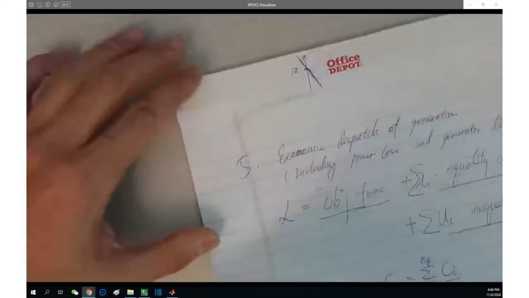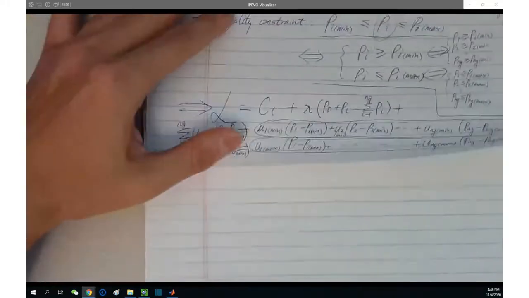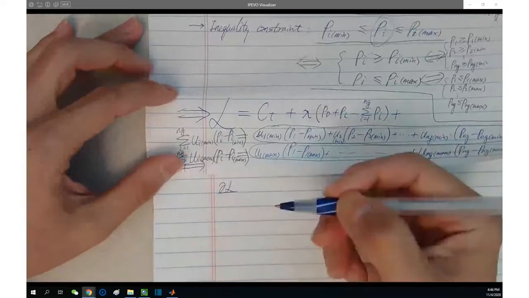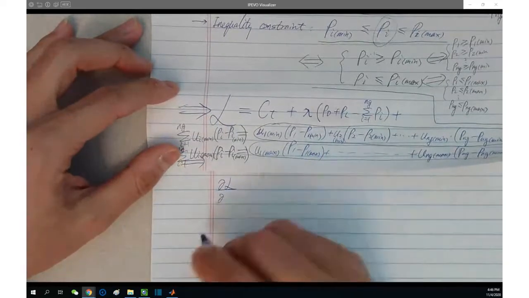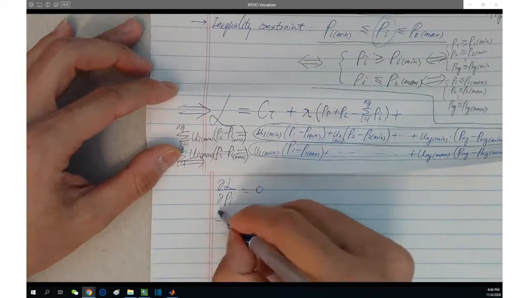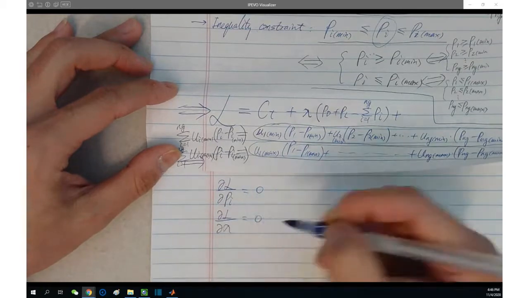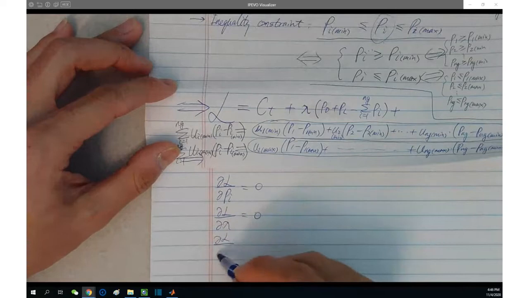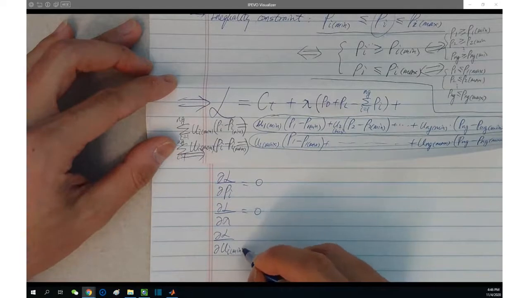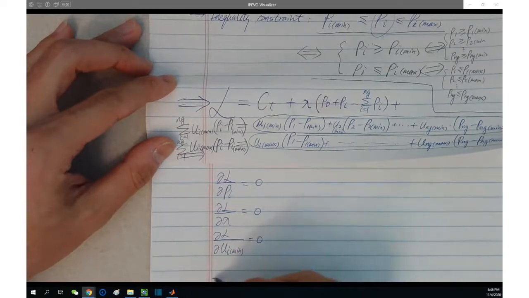So based on here, we write: partial derivative of L with respect to PI equals 0, partial derivative of L with respect to lambda equals 0, partial derivative with respect to UI minimum equals 0, UI maximum equals 0.